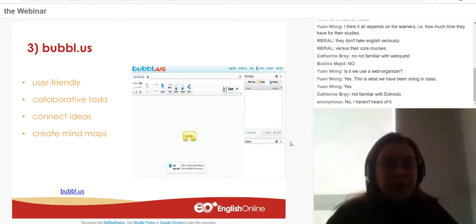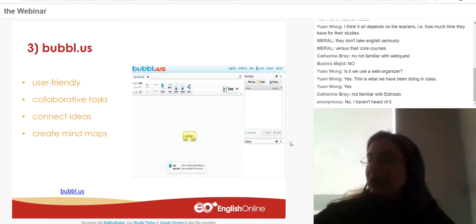So Bubblus is an online mind map tool that helps students to structure information. It is actually an excellent tool for understanding, remembering, and generating information. So it actually encompasses different levels of Bloom's taxonomy.